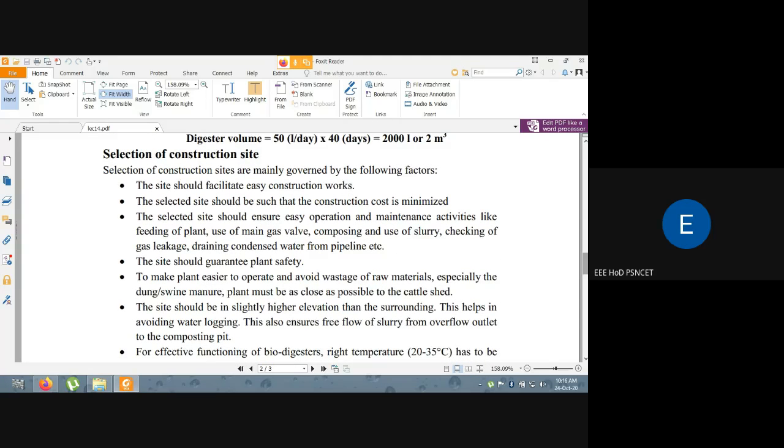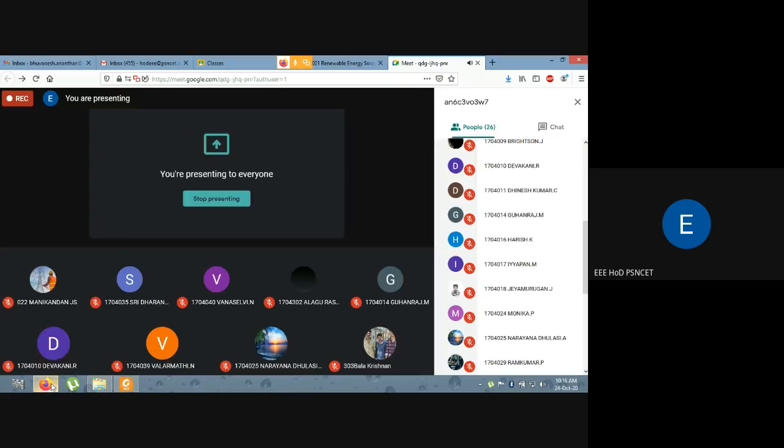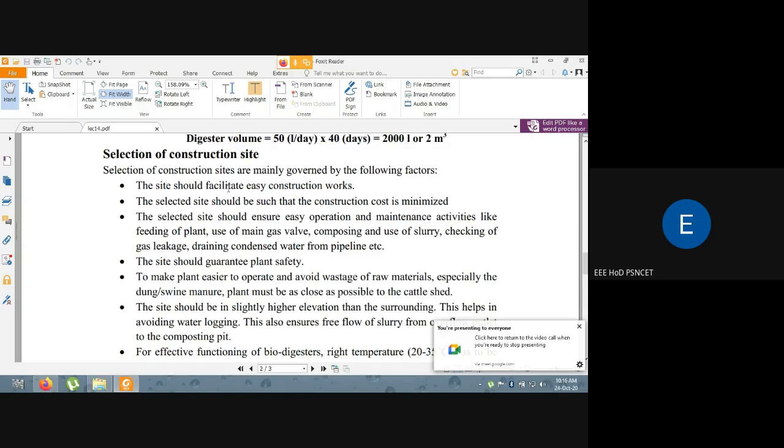So the next thing is selection of construction site. It has some important factors to find the exact place to build a biogas plant. Initially the site should facilitate easy construction work. We saw yesterday that the biogas plant is placed underground.